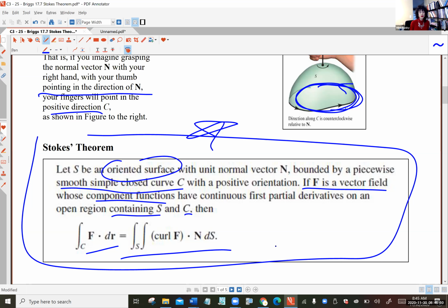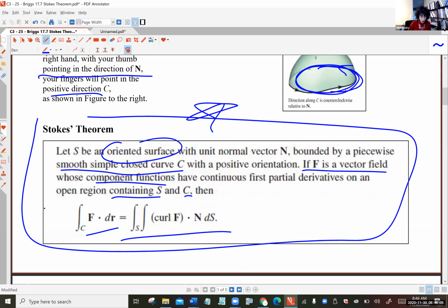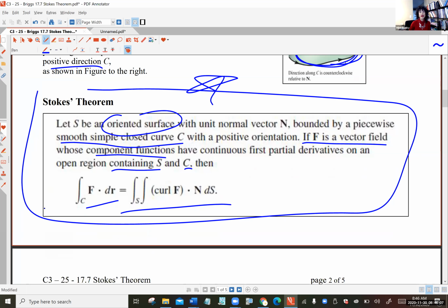Now, you know how to do surface integrals because you're going to have a midterm on Wednesday for it, but also because that's what we did in section 17.6. We did surface integrals when we were computing flux. But now we're going to have a surface integral to help us compute circulation, different from flux, okay?